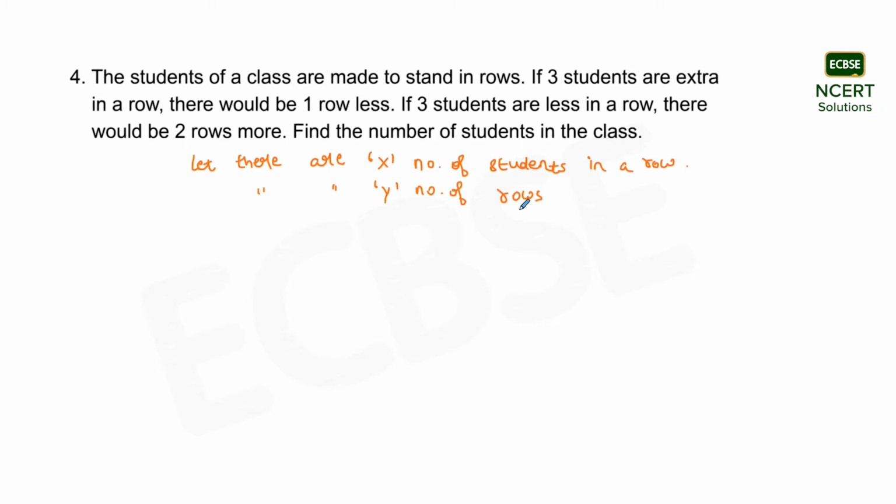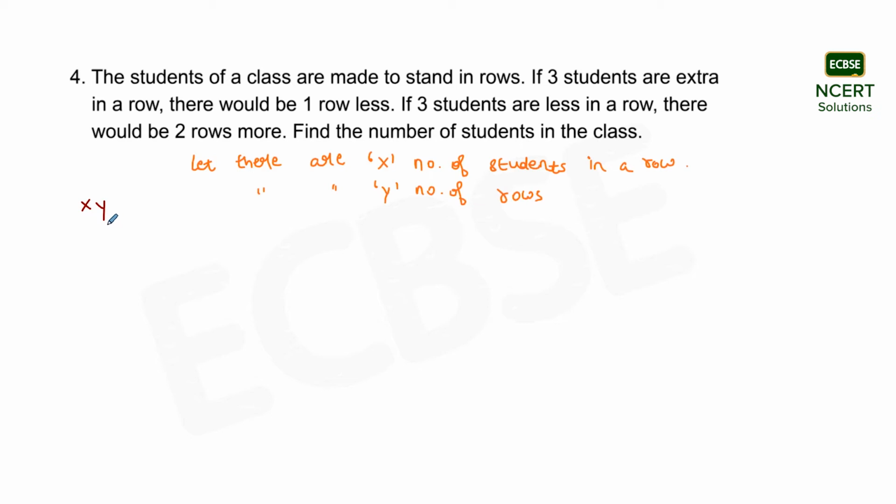In each row, x students are standing, so the total number of students can be found by multiplying the number of students in each row and the number of rows. It will be x into y. Means the total number of students in the class comes out to be xy.